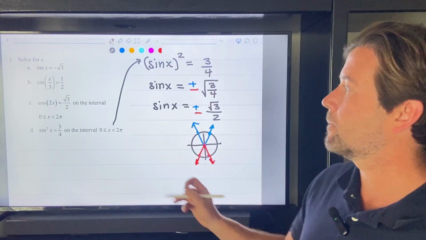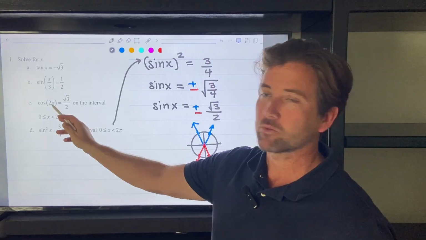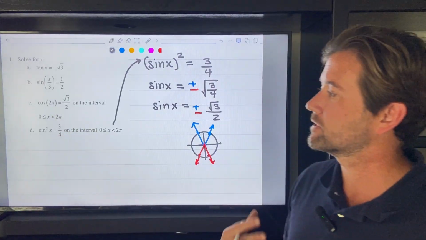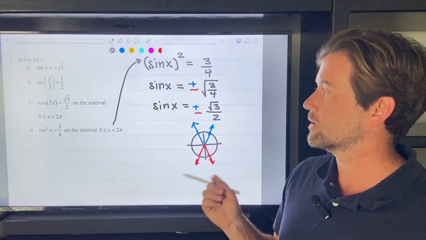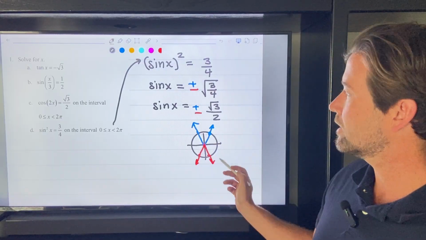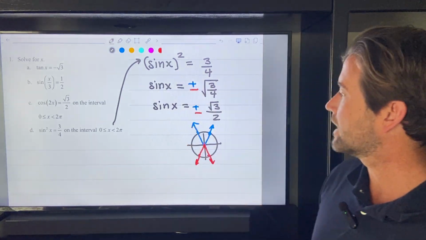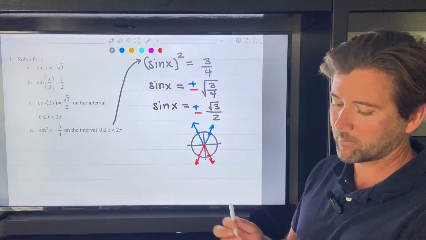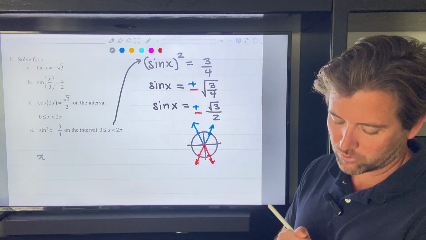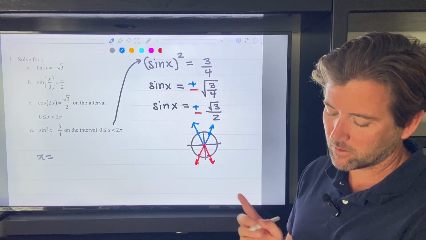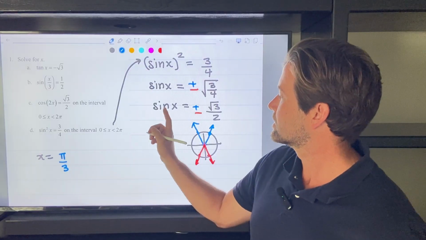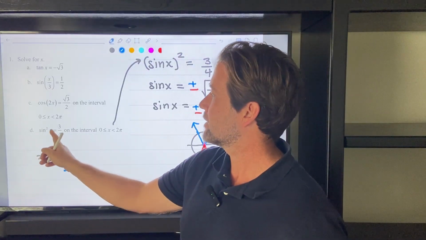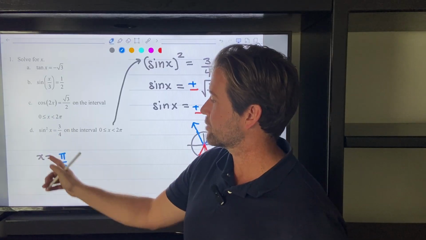Now in the previous problem, I wrote a general formula because this was 2x. And so I wanted to see all the solutions. And in order to see that, I needed to have that formula and then plug in k equals 0 and 1. Here, though, this is just sine of 1x. So I don't need to write a general formula. So our solutions, that angle in the first quadrant is pi/3. The sine of pi/3 is root 3/2.